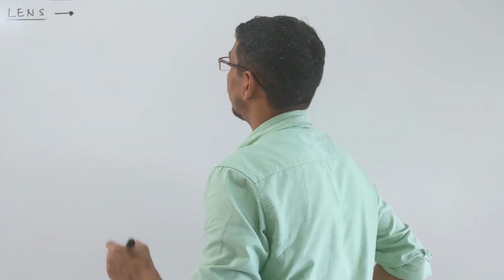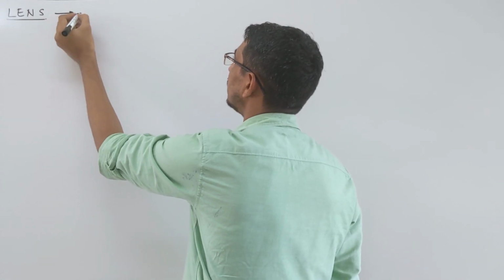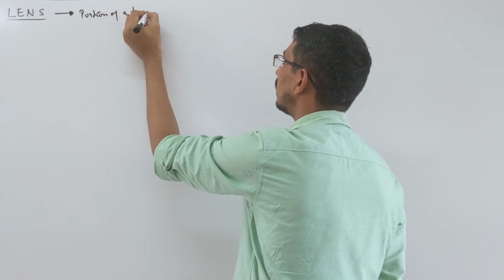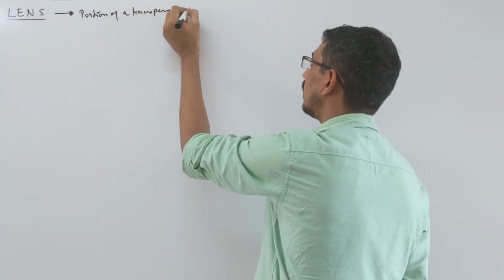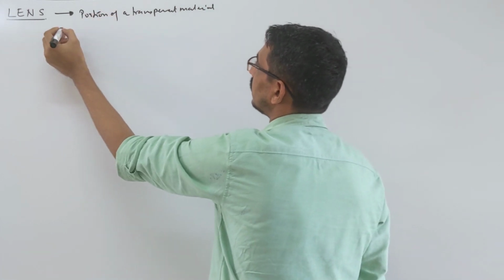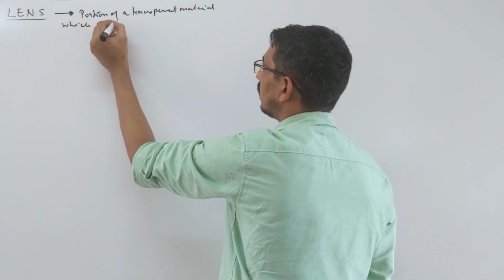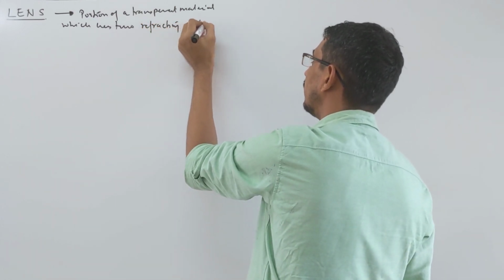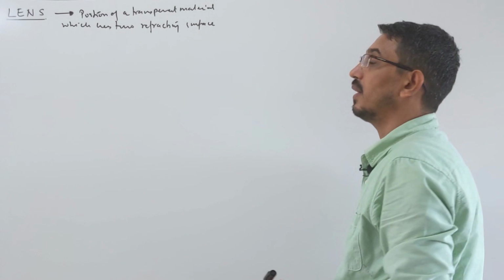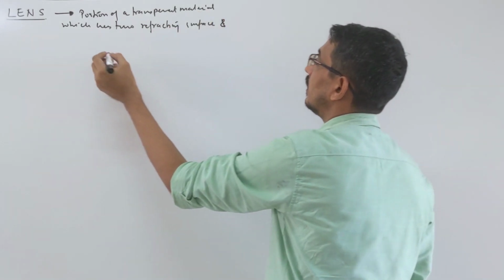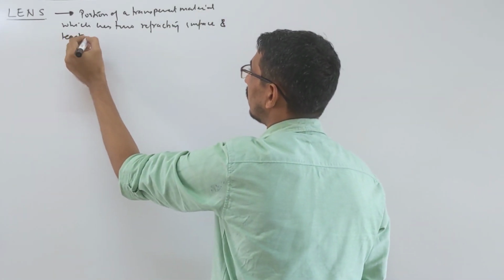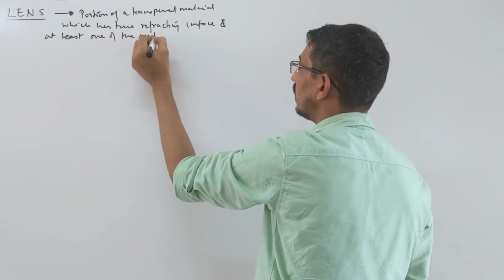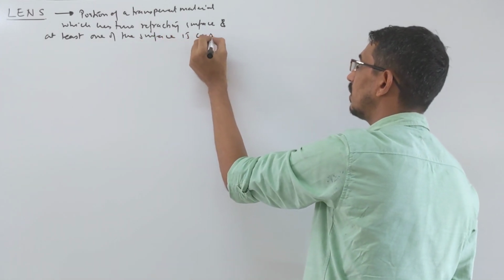Let me write a few words so that you can understand better. These are a portion of transparent material which has two refracting surfaces, and the other condition is that at least one of the surfaces is curved.